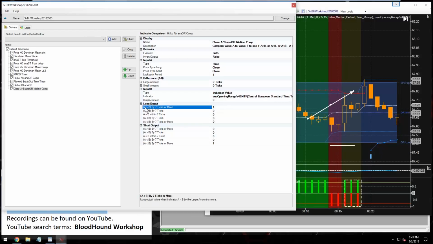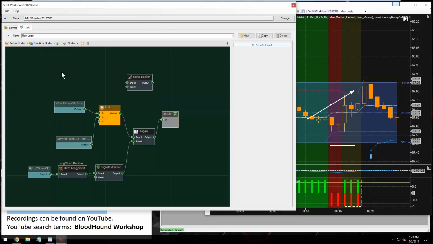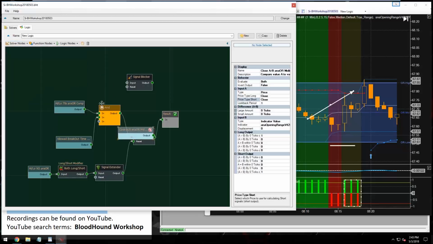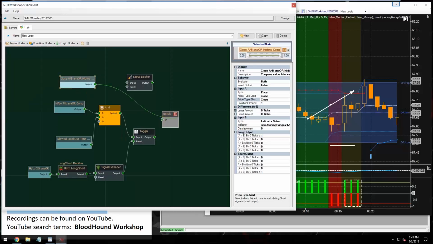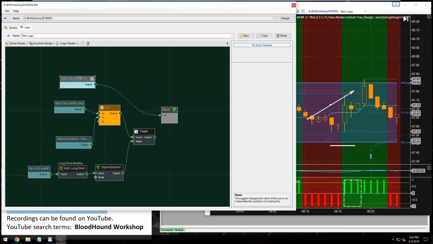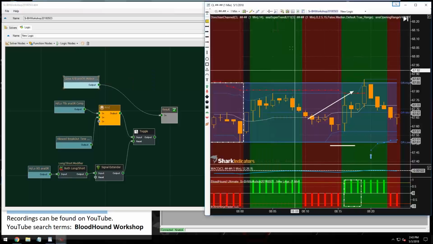Yeah, we want to know if the close of the bar is greater than the opening range midline for a long. All right, so now that we have that, let's put that new solver here. Here's the new solver. Let's put it on the board, and let's take a look at it. And we don't need the signal blocker, so let's delete that. All right, so let's take a look.